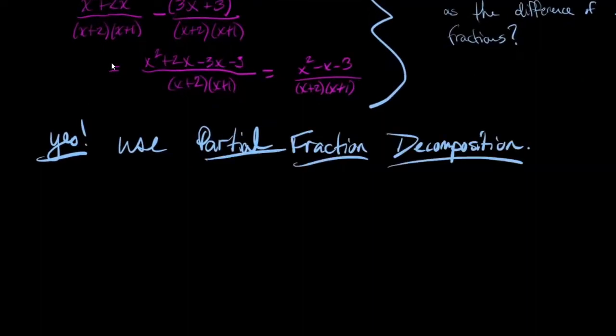All right, so we have rules for this. We're going to write it out sort of as a theorem, and that way we can just follow it, and we don't have to try to remember exactly what's happening in each case that we see. So what we have is two fractions. One on top, we're going to call that n of x, the numerator polynomial.